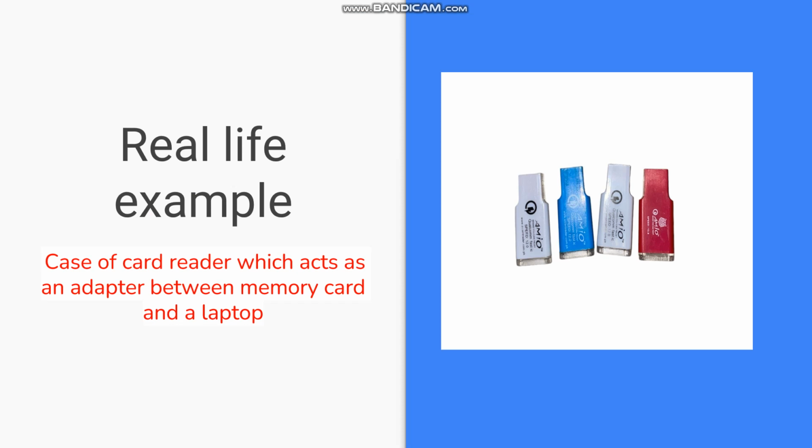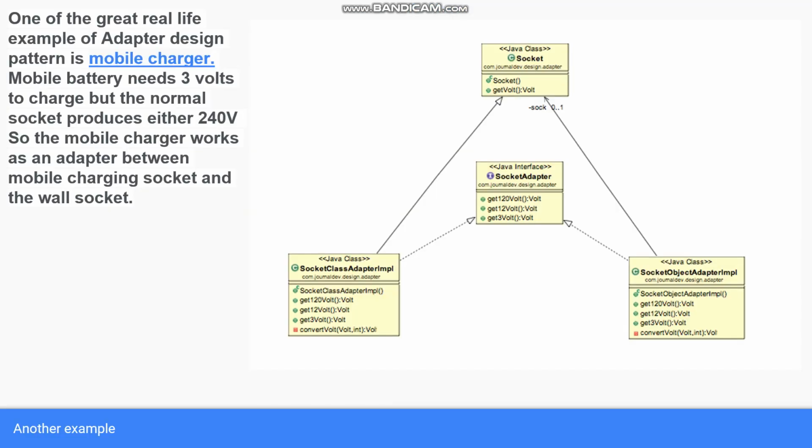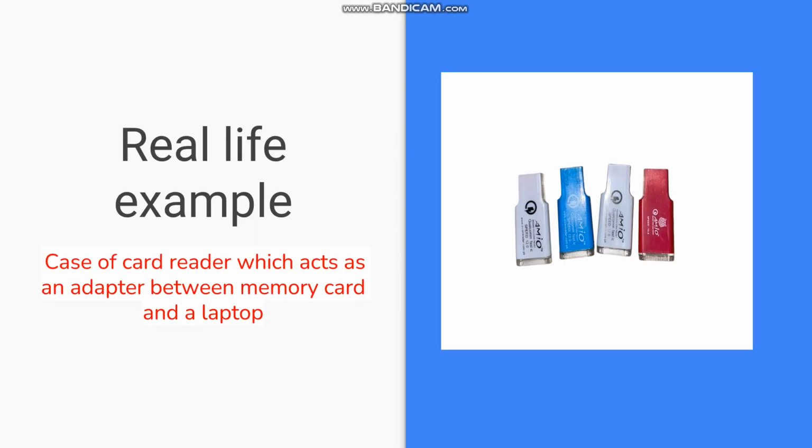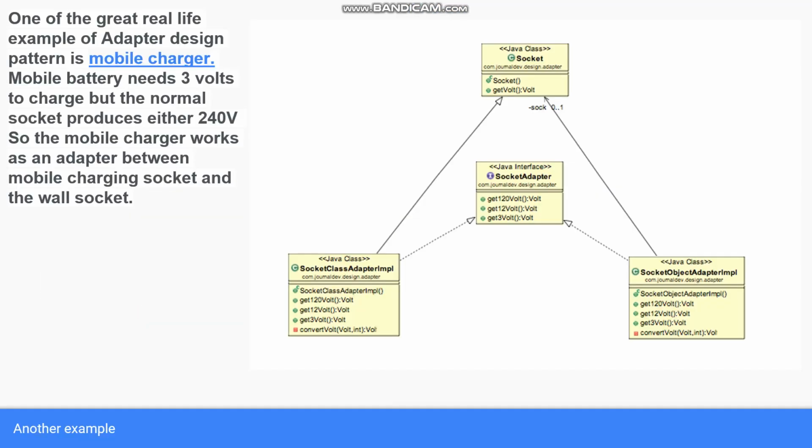Real life examples we will discuss, like a card reader which acts as an adapter between a memory card and a laptop. Another example is a mobile charger, which needs to convert high voltage to low voltage and maintain the circuit.